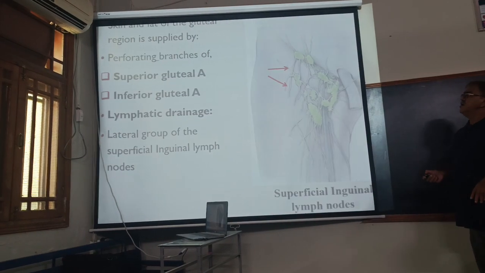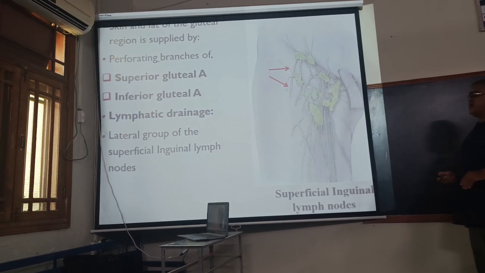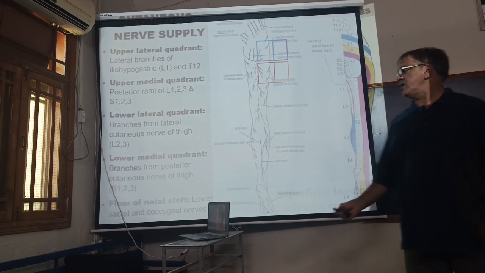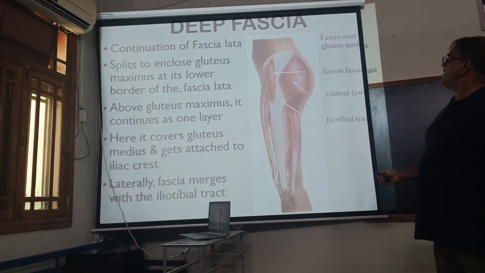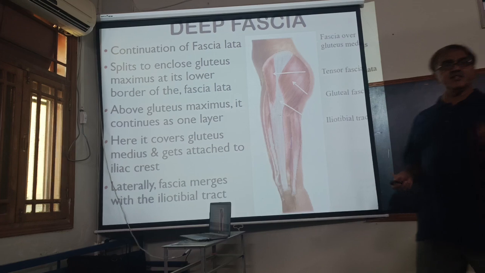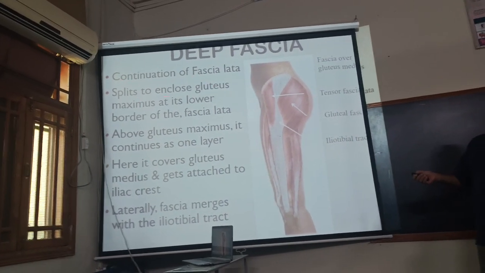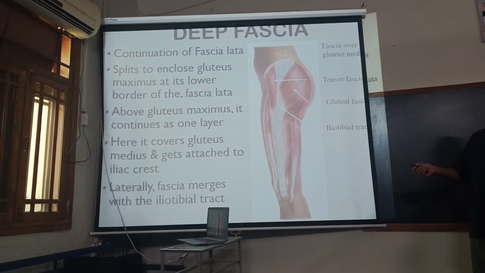So then we see here the arteries. We will discuss later on. So we have muscles over here. See here deep fascia. Another very important thing is that the continuation of the fascia lata is split to enclose the gluteus maximus at its lower border.